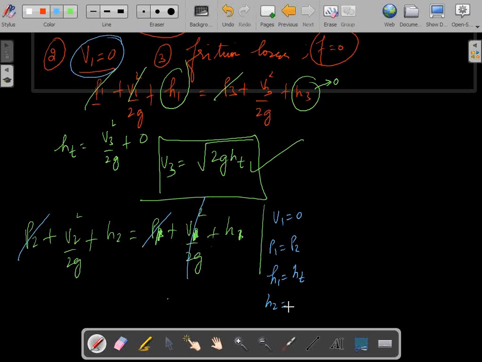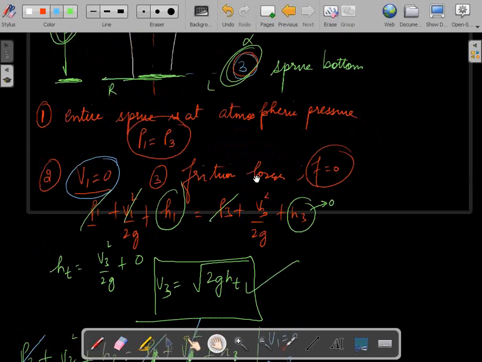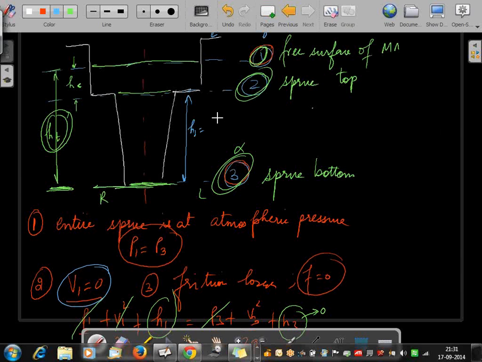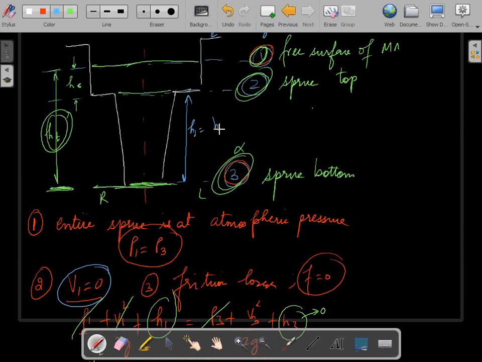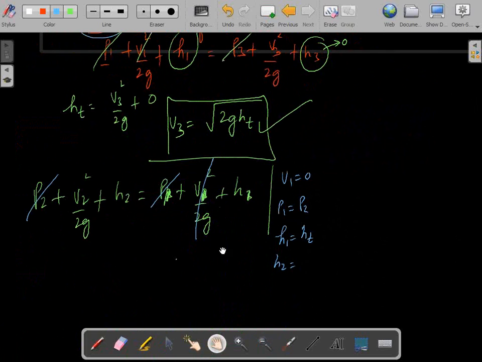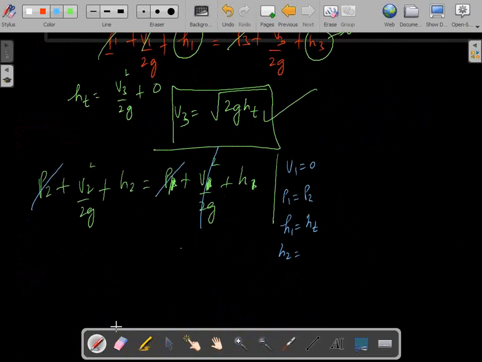The value for H2, if you go to the diagram, H2 is this height. H2 is HT minus HC. So H2 will be HT minus HC.